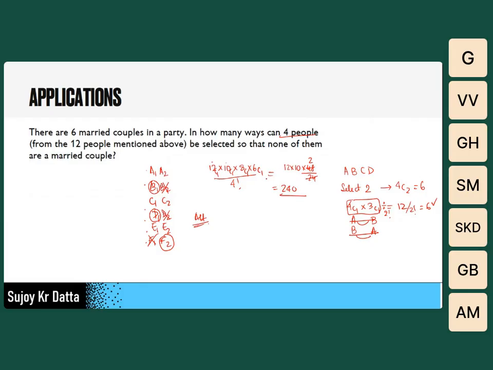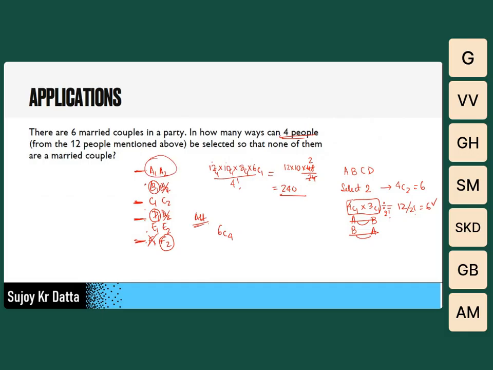So, since I need four people, I need to first decide on four couples. So, out of the six couples, you select any of the four couples. You haven't selected any person. We have just decided that my people will come from these couples.